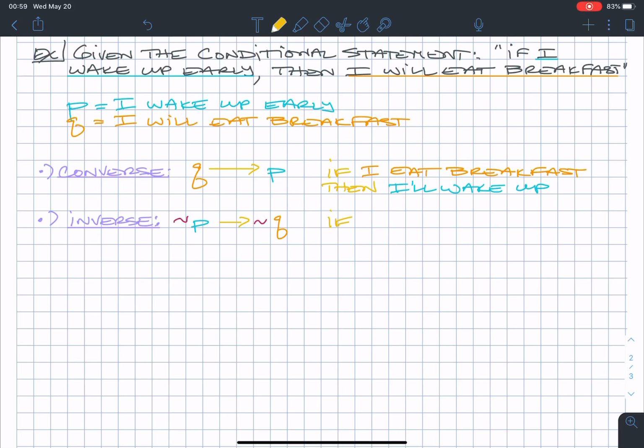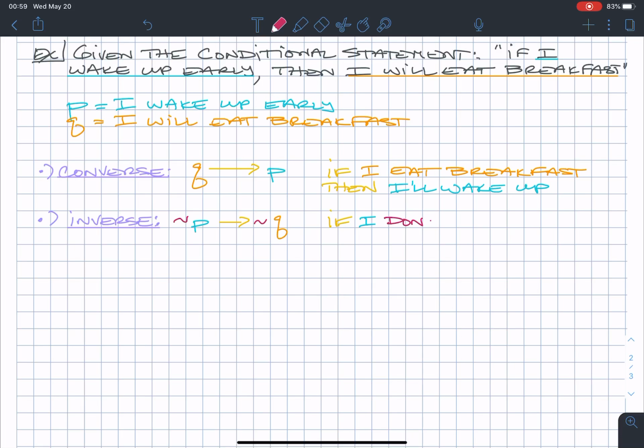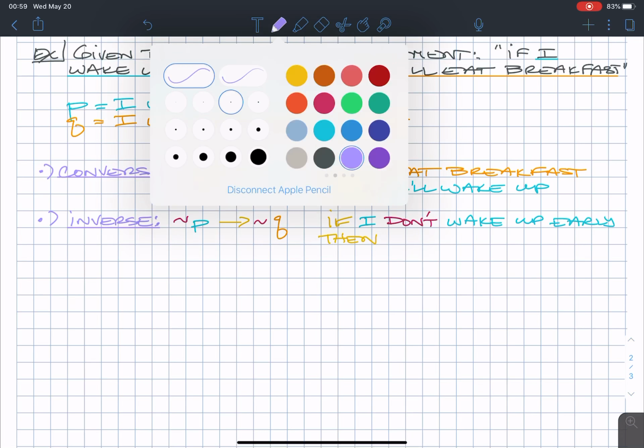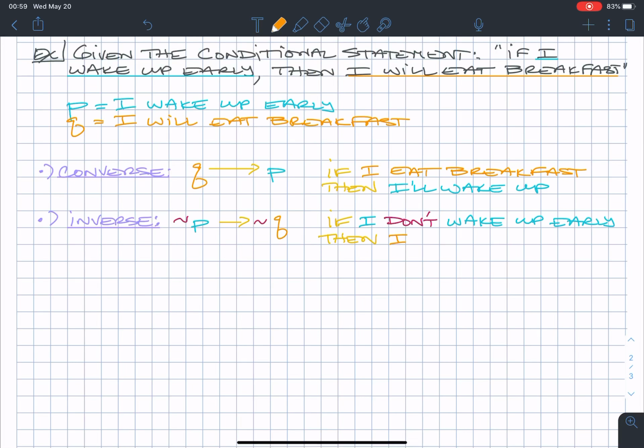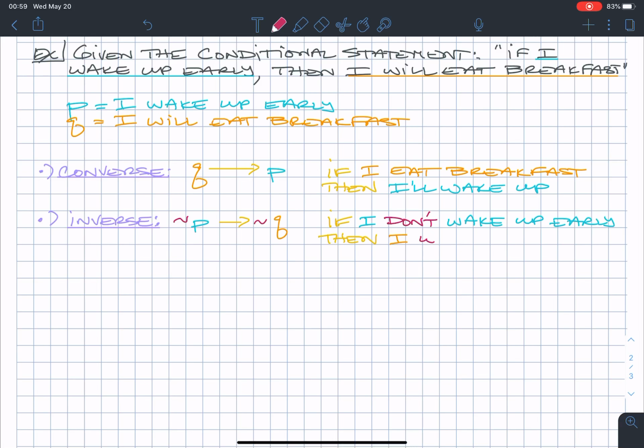So if I don't wake up early, because I'm negating, then, because it's conditional, if then, I won't eat breakfast, right? I won't eat breakfast.